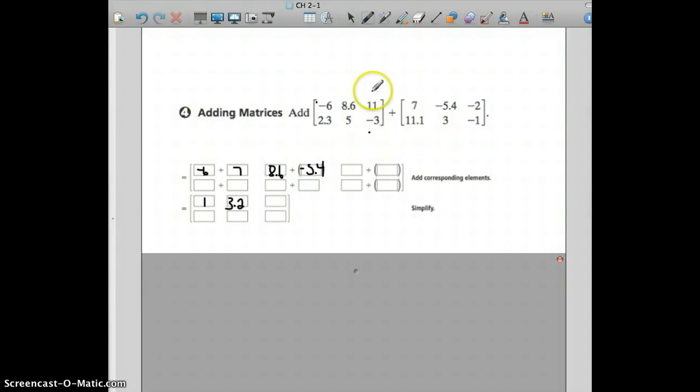The third number in the top row of our first matrix is 11, and we're going to add to that a negative 2. 11 minus 2 is 9, and the result is going to be positive because our 11 is the larger of the two numbers. Now we move to the second row. We have 2.3 plus 11.1.